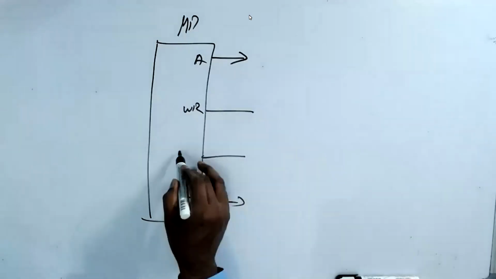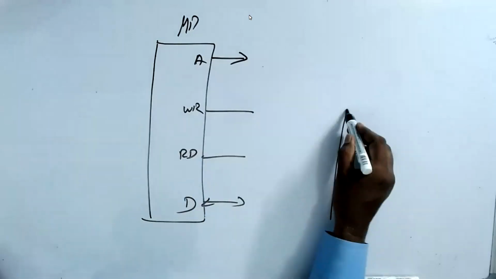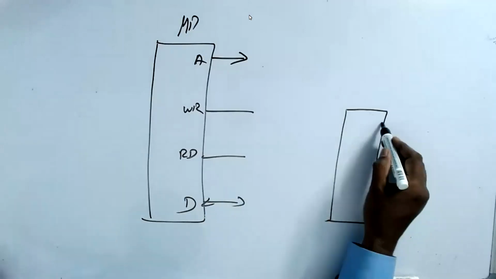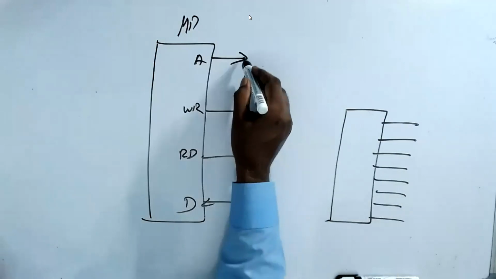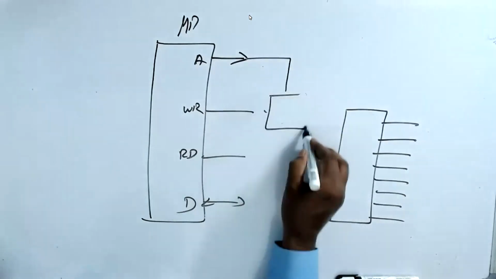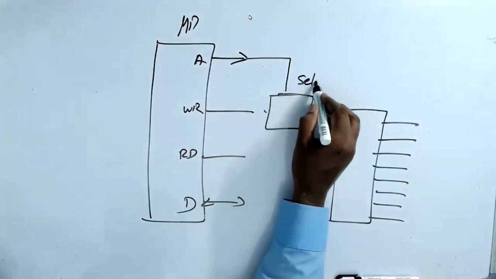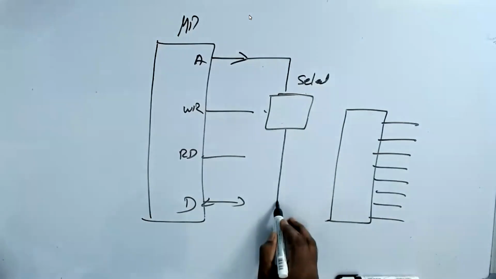That's all. With the help of this, I have a latch. I have outputs. Then I have a select logic. Whatever matches is going to control the latch enable.